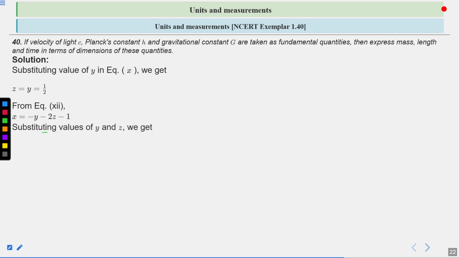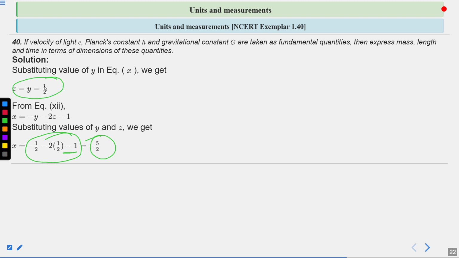So here substituting the values of y and z, we get x is equal to minus 1 by 2 minus 2 into 1 by 2 minus 1. So solving this, you will get minus 5 by 2. So y equal to z, that is 1 by 2, and x is minus 5 by 2. Clear?